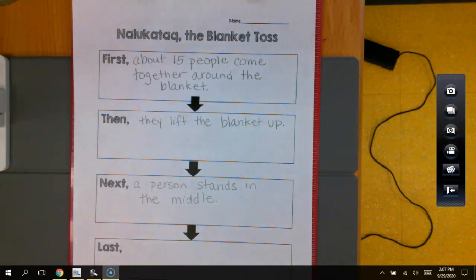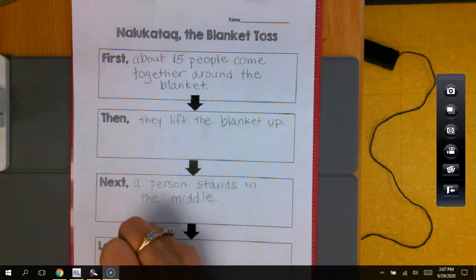Once the person stands in the middle, is that the end of the blanket toss? Nope. What happens last? What did it say happens last? If you don't know, go back and be a detective and go look in your story. It says the people holding the blanket toss and catch the person.